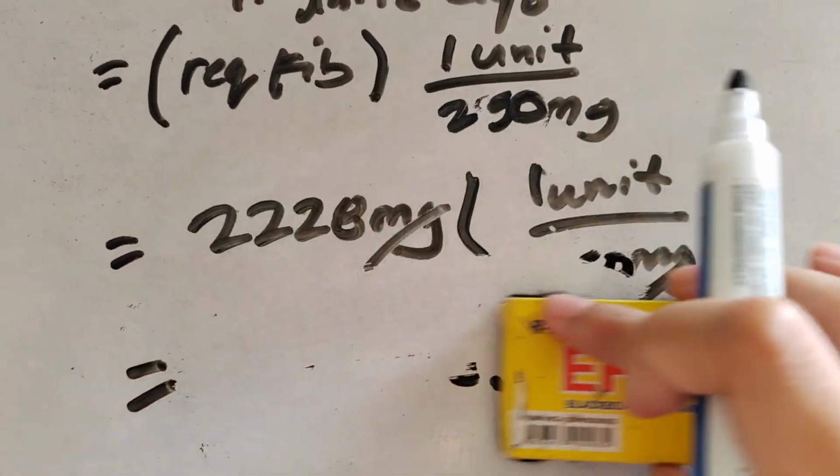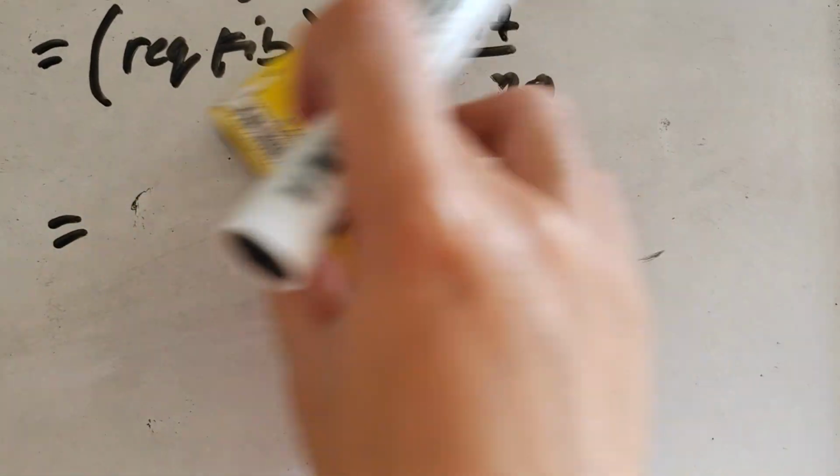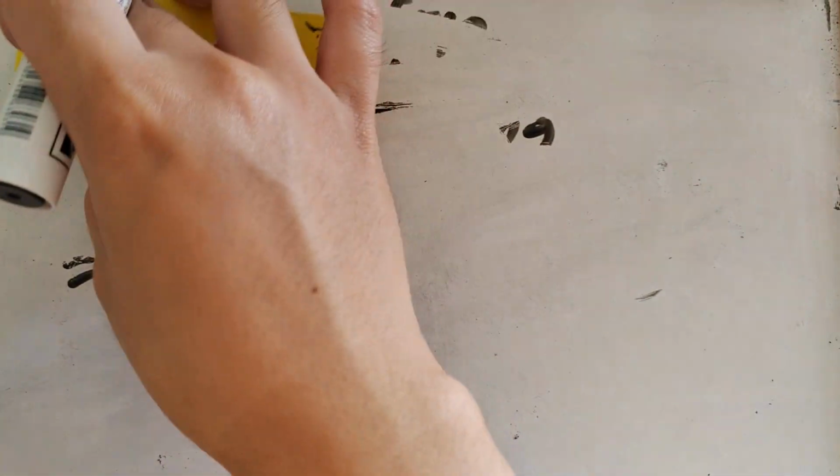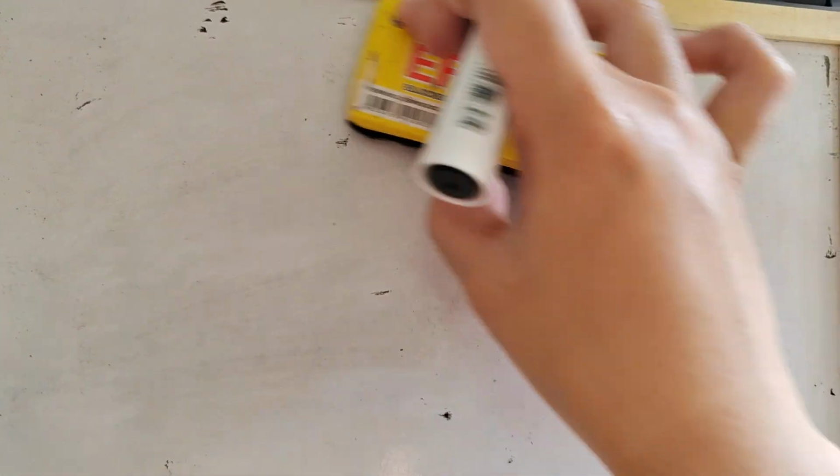So, if you're asking, how about the other things na meron yung cryo? For example, yung factor 8, factor 13. Okay? So, same formula lang. Baguhin nyo lang yung mga given. Okay? So, yung mga constant, for example, yung ginamit natin sa step 4, yung constant na 1 unit equals 150 milligram ng fibrinogen.